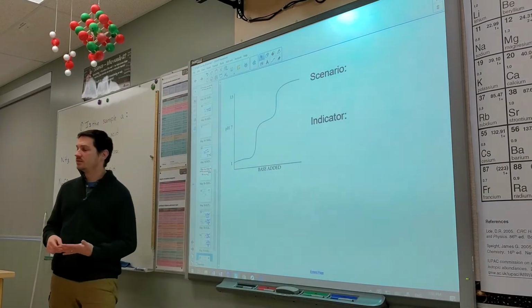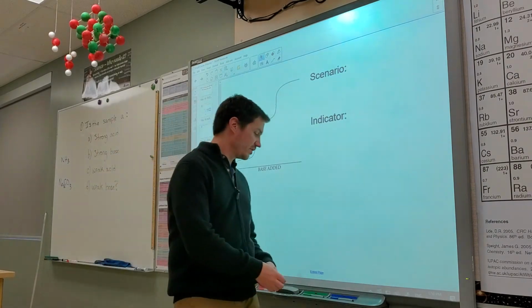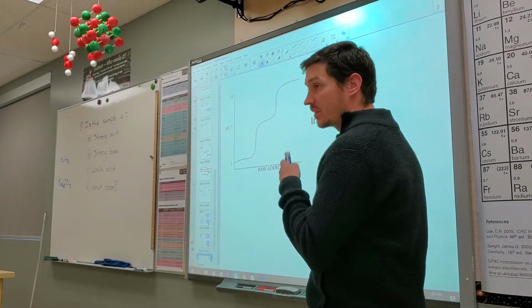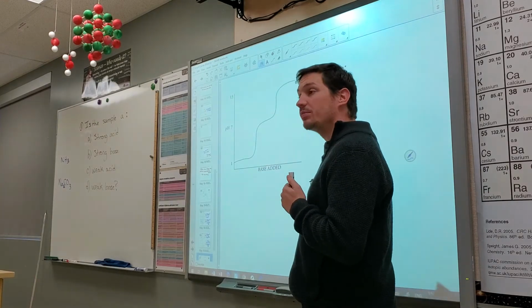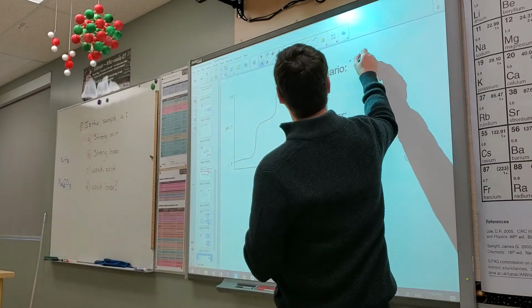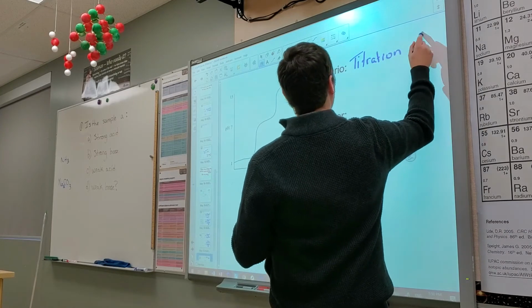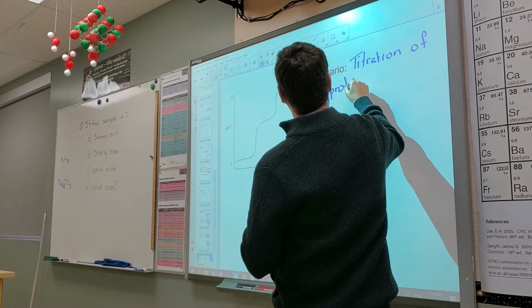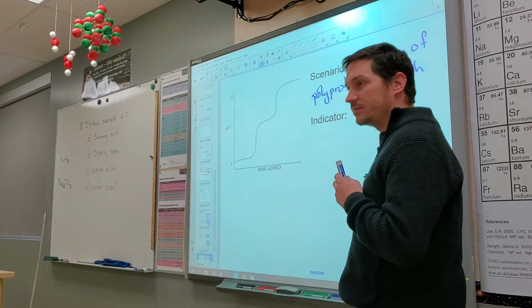What about this? What are we starting with? We're starting with a polyprotic acid, right? This is a titration of a polyprotic acid with what?